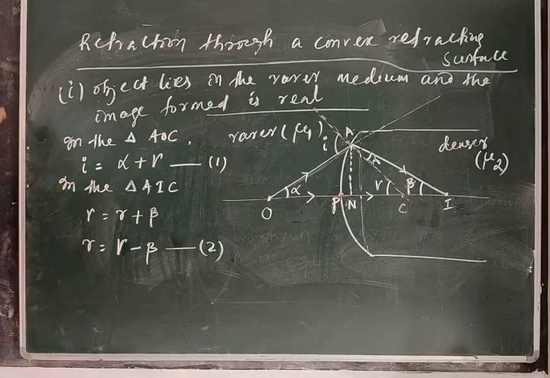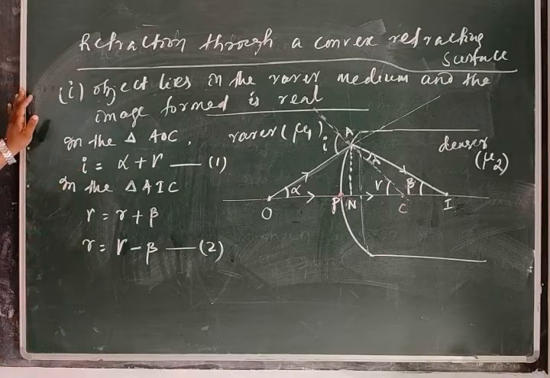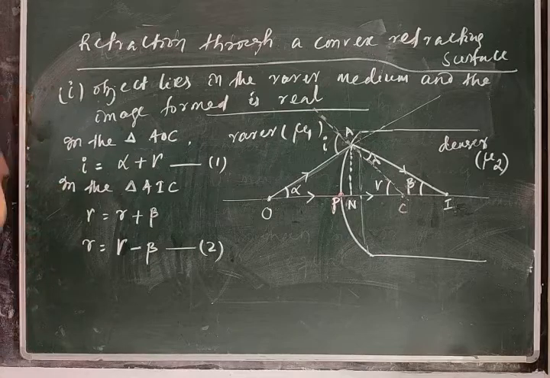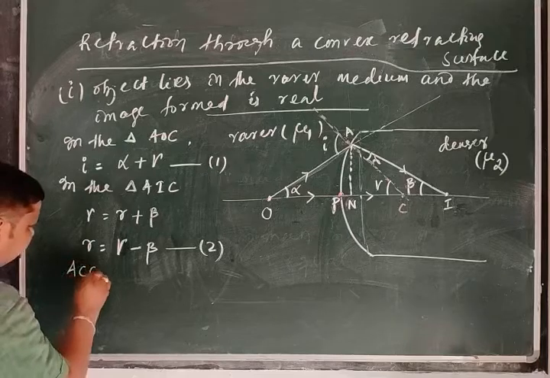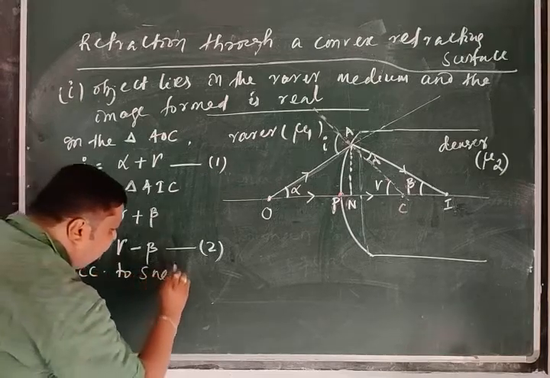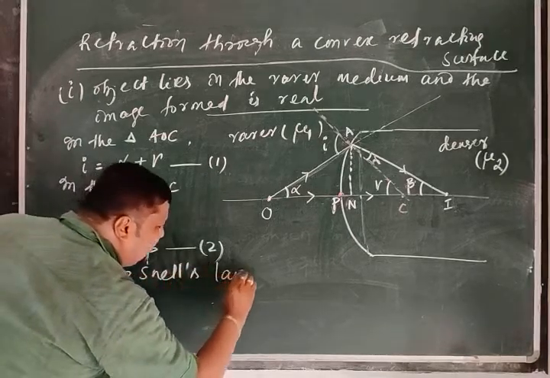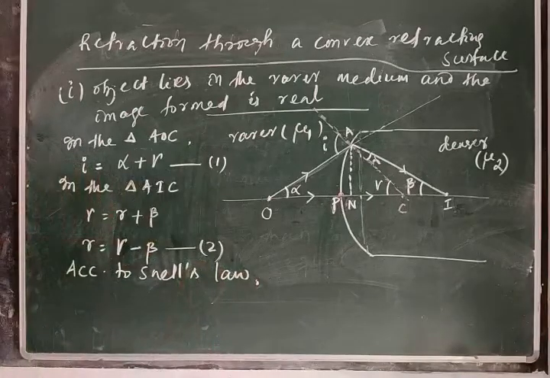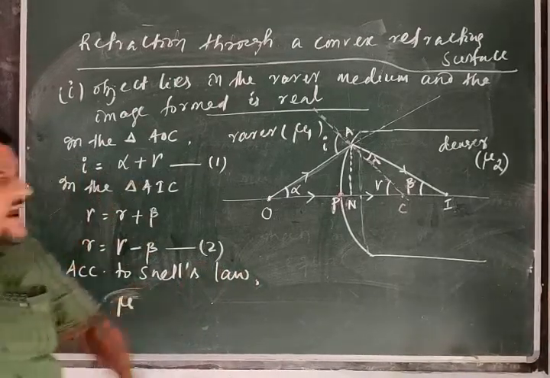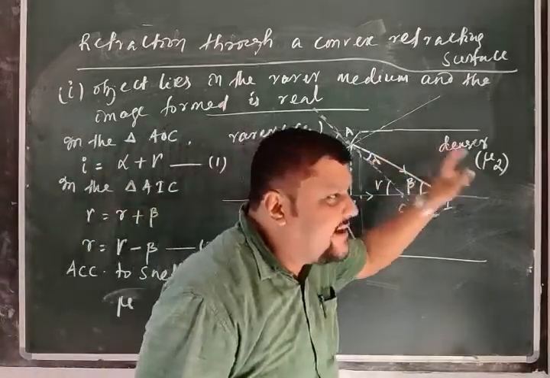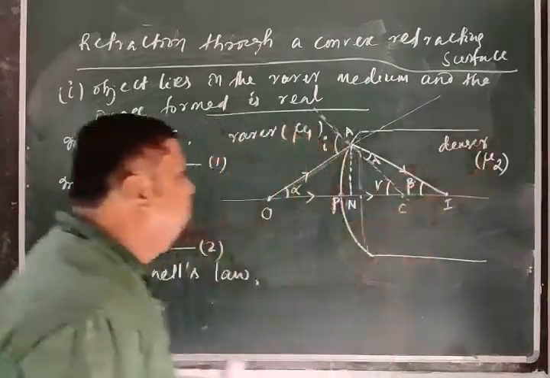Why? Now I am using Snell's law. According to Snell's law, the refractive index of which medium? The second, because the refractive index refers to the second medium, the denser medium, mu2.